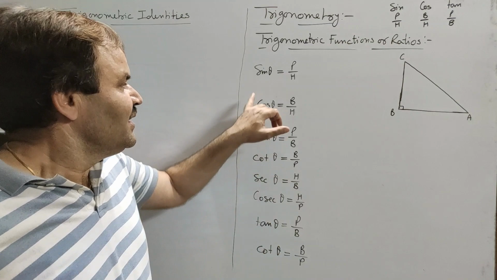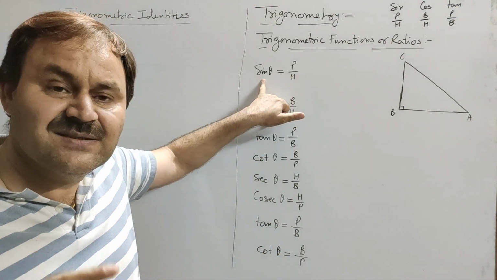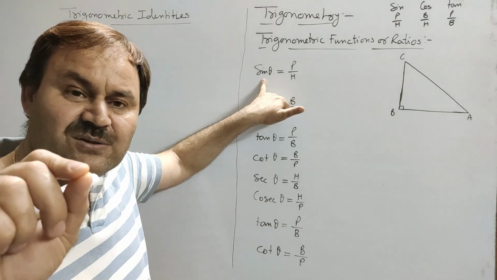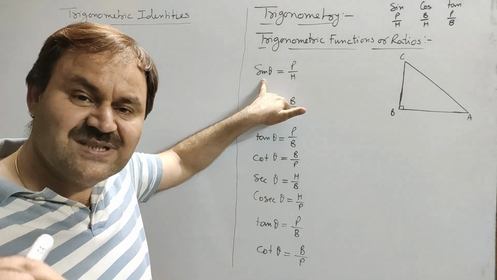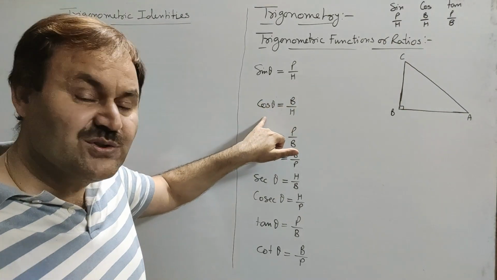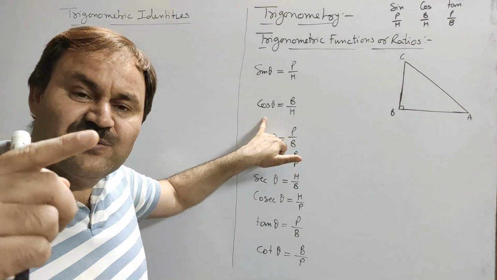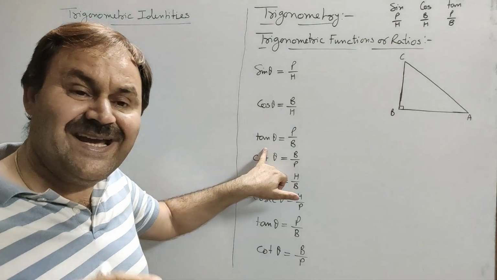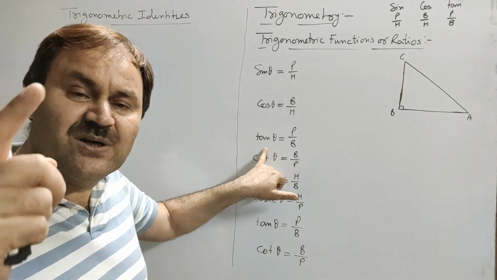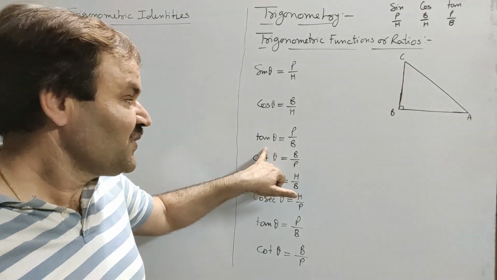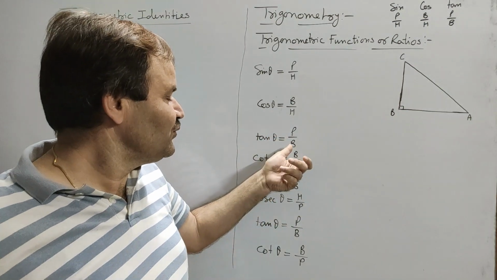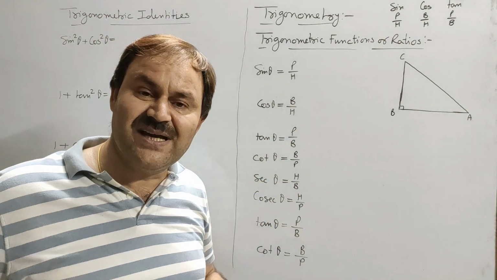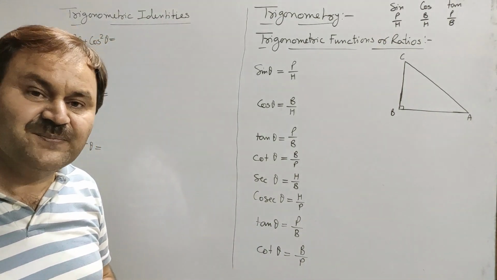Now what is sine? Sine is the ratio of perpendicular of a right angle triangle to its hypotenuse. Cos is the ratio of base of a right angle triangle to its hypotenuse, while tan is the ratio of perpendicular to the base. Now, how to find out which side is perpendicular, which one is base, and which one is hypotenuse?